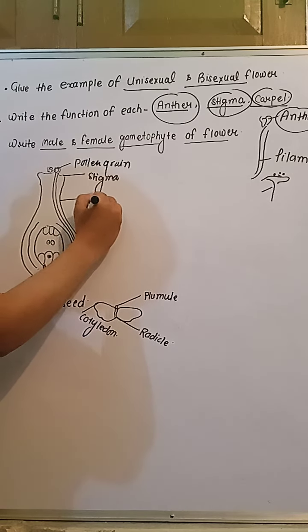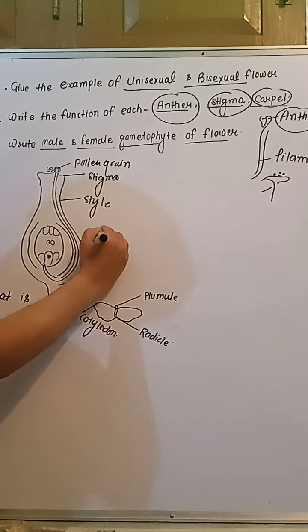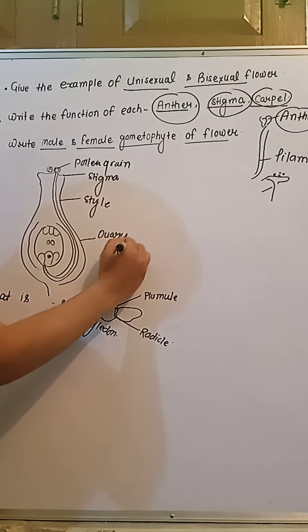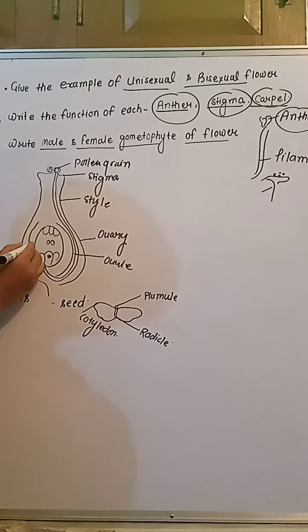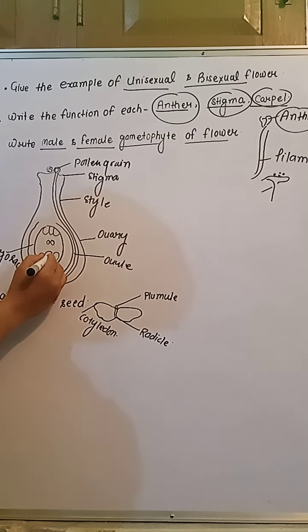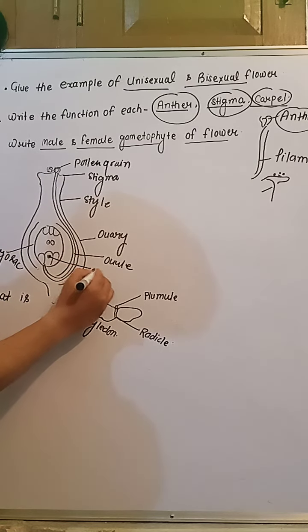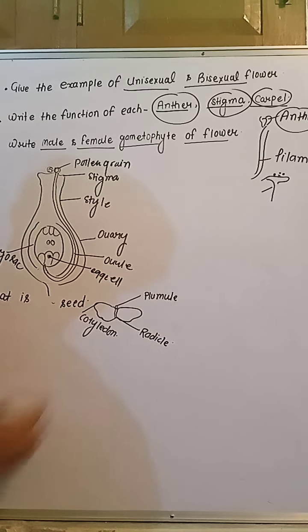This one is the style. This portion is the ovary. Inside the ovary, the ovule is present, and inside the ovule, the embryo sac is present. Clear? And inside the embryo sac, the female germ cell, that is egg cell, is present.